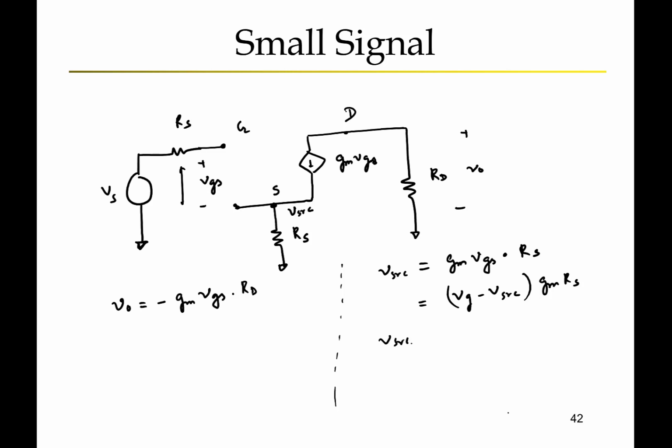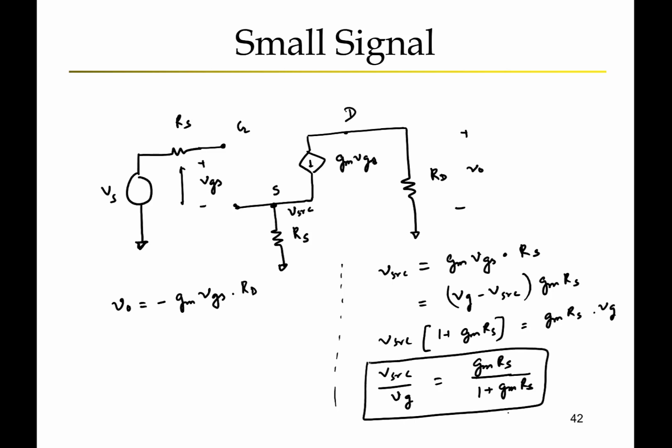So from there I can find V source multiplied by 1 plus gm RS is equal to gm RS times VG. Or I can write V source by VG is gm RS by 1 plus gm RS.